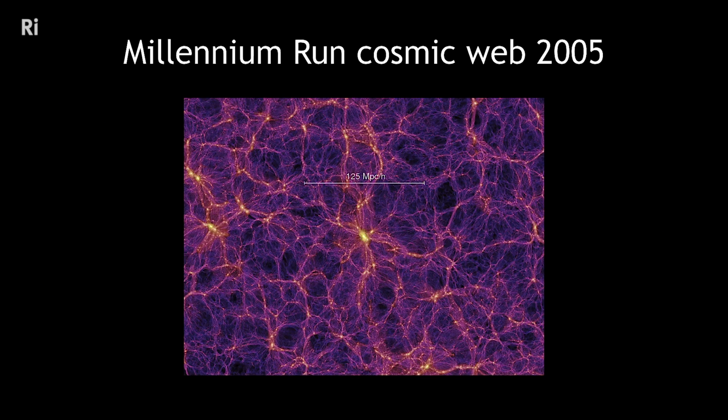Now, in about 2005, the Europeans, led by Springel, did a giant computer simulation of structure formation in this inflationary Big Bang model with cold dark matter. They used 10 billion particles.